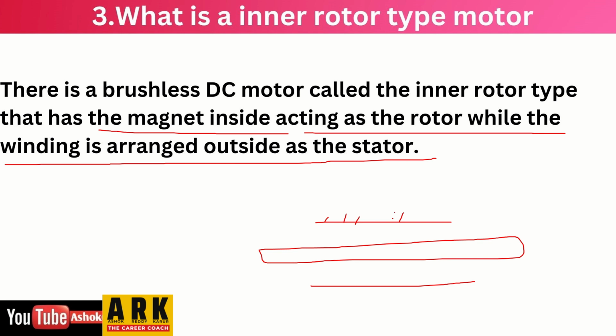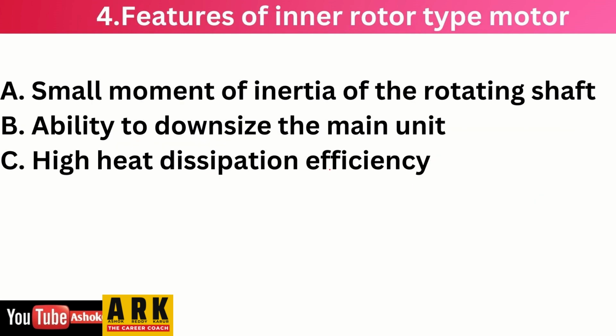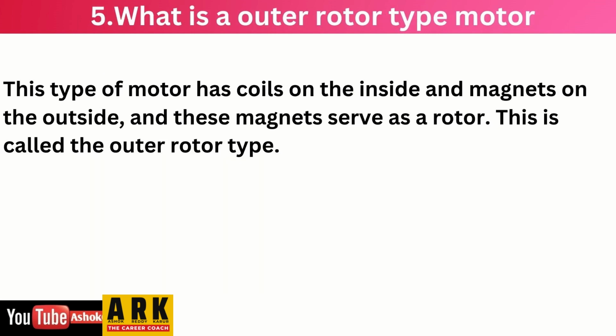So this is the rotor and this is the stator. Winding will be there outside, and whatever is inside acts as the magnet, the rotor. So that is the inner rotor. The features are a small moment of inertia, the ability to downsize the main unit, and high heat dissipation efficiency since the windings are outside.